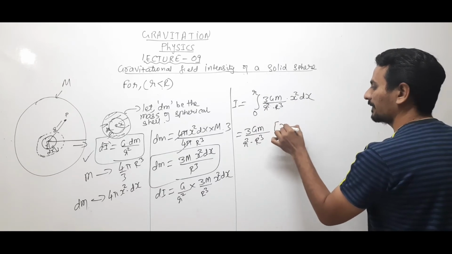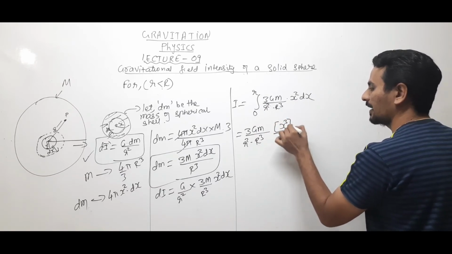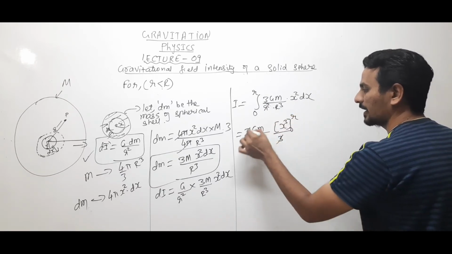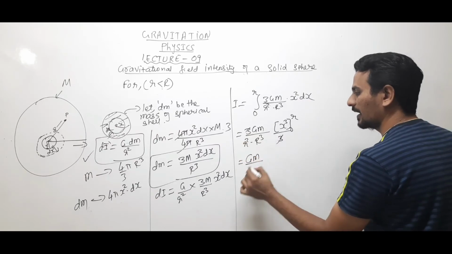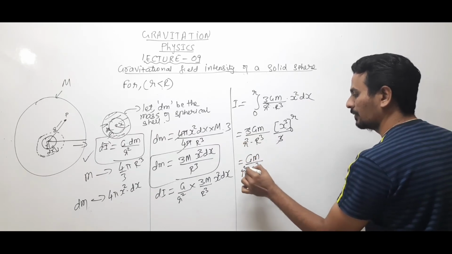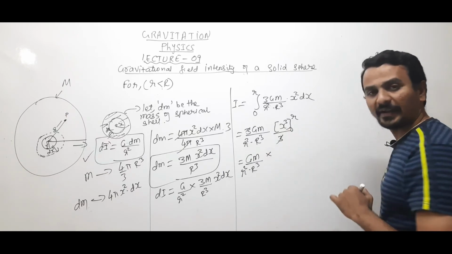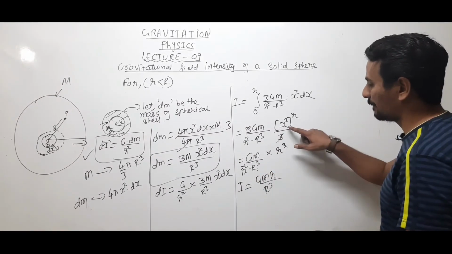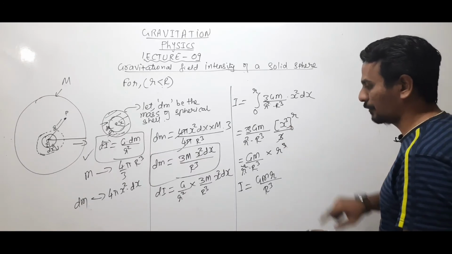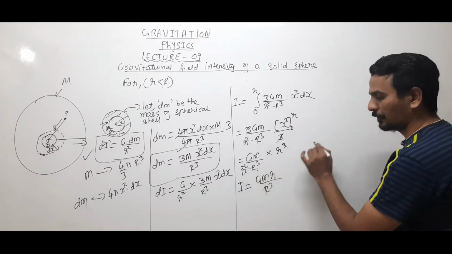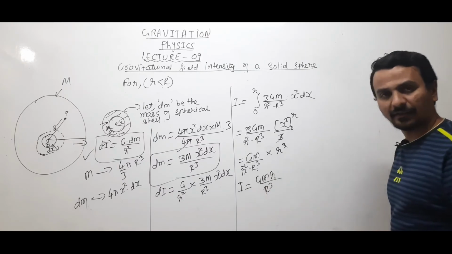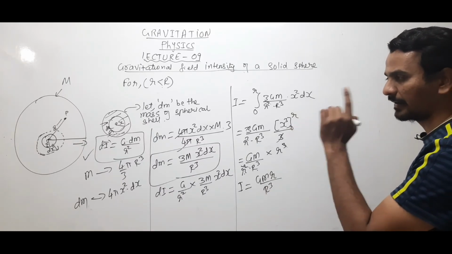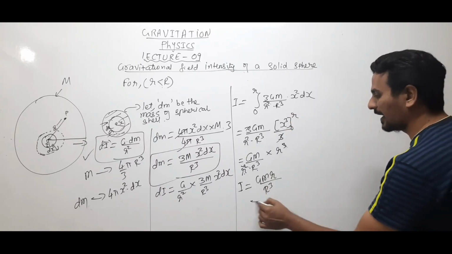The integral of x square dx is x cube by 3. Applying the limit, 3 gets cancelled, and x cube becomes r cube. So finally the gravitational field intensity at any point inside the sphere is GMr by R cube.